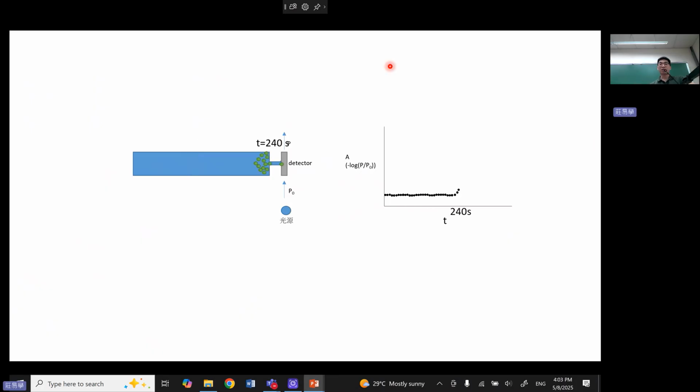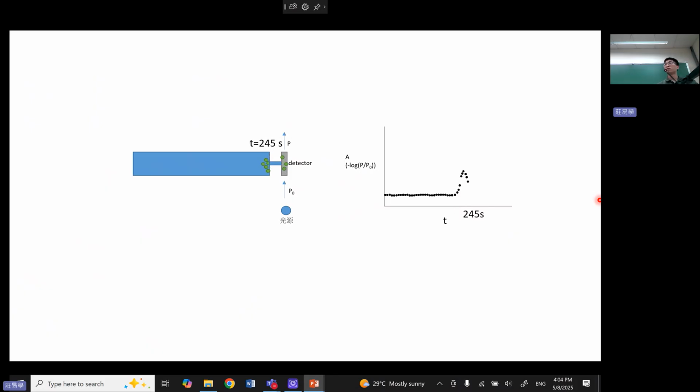It is not until some point, when you start to have something coming out of the column and get detected by the detector. In this case, some of the target analytes come out from the column, and you start seeing an increase in the absorbance. So the next moment, and then the next moments.